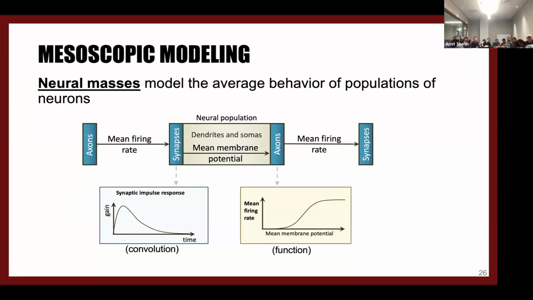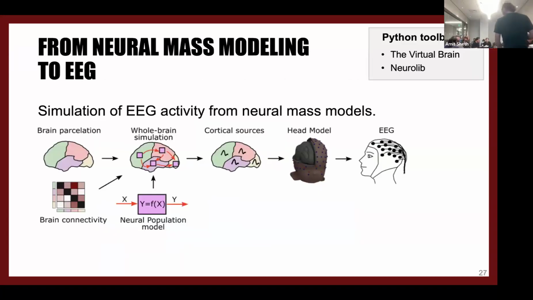That activity is convolved with a kernel that describes how the synapse integrates information. So that gives you the average activity in that population, and it's fed to the next population. I probably didn't give enough information for you to unpack that. I'm short on time, and it's very specific to neuroscience, so maybe not relevant for most of you.